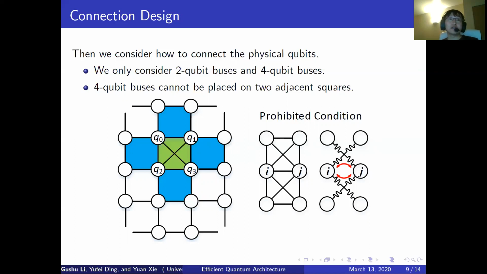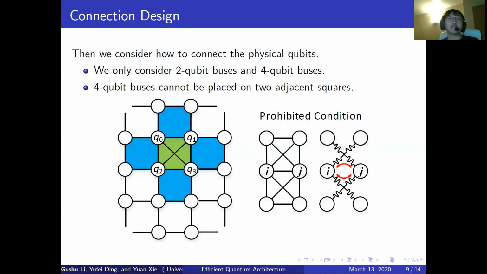But there is one physical constraint we must consider. 4 qubit buses cannot be applied on 2 nearby squares, otherwise there will be 2 physical qubits connected by 2 different buses, and we don't want to see this in a realistic design. As a result, applying a 4 qubit bus in one square will immediately block applying them on its 4 nearby neighbors.